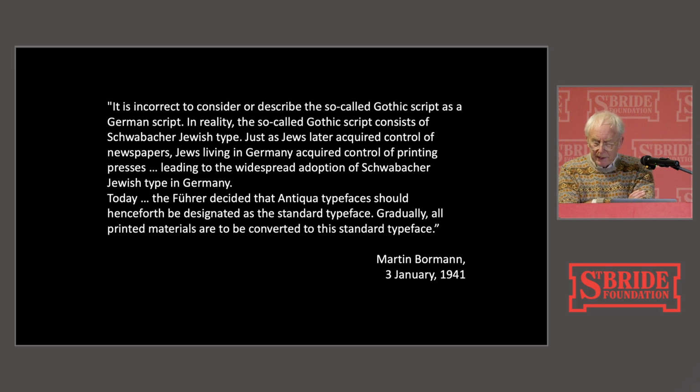Just as Jews later acquired control of newspapers, Jews living in Germany acquired control of printing presses, leading to the widespread adoption of Schwabacher Jewish type in Germany. Today, the Führer decided that Antiqua typefaces should henceforth be designated as the standard typeface. Gradually, all printed materials are to be converted to the standard typeface."